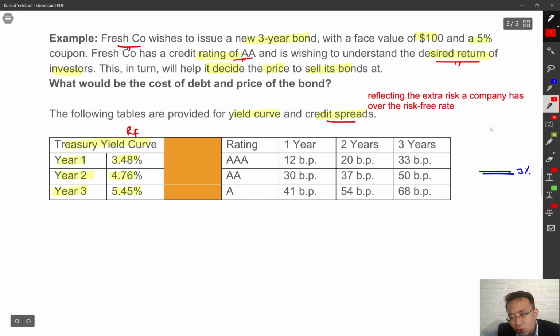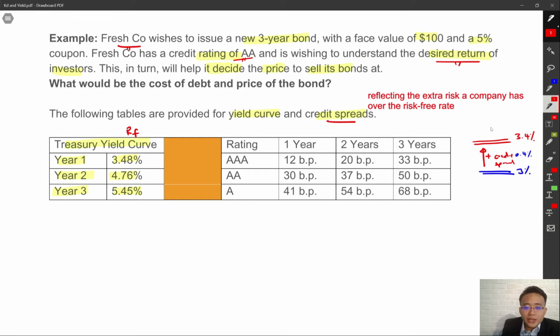If Freshco is riskier by this amount, then I would add a credit spread. Since you are riskier, I would want to charge you for that extra risk. Your credit spread might work out to be, for example, a small amount, 0.4%. So the total you have to consider as your cost of debt will be 3.4%.